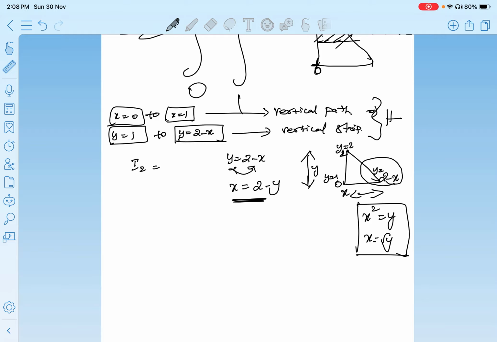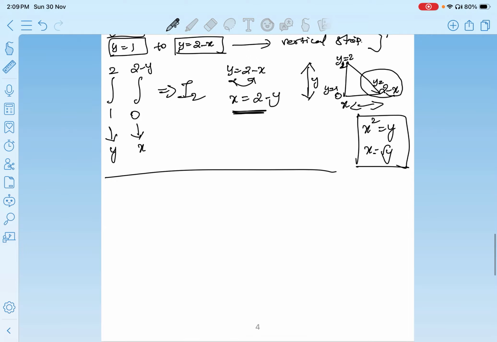So this is how we change the vertical strip into a horizontal strip. So I2 is integral 1 to 2, this is your y, and integral 0 to 2 minus y, this is your x. So this is your I2.